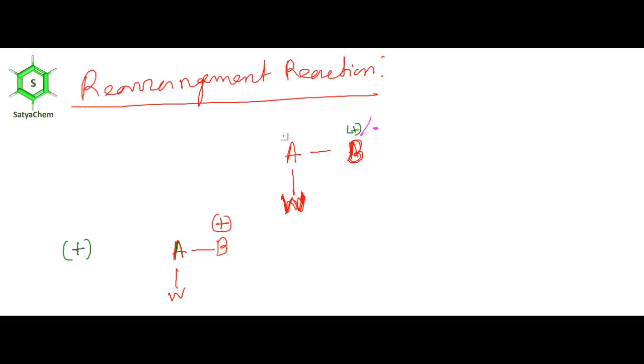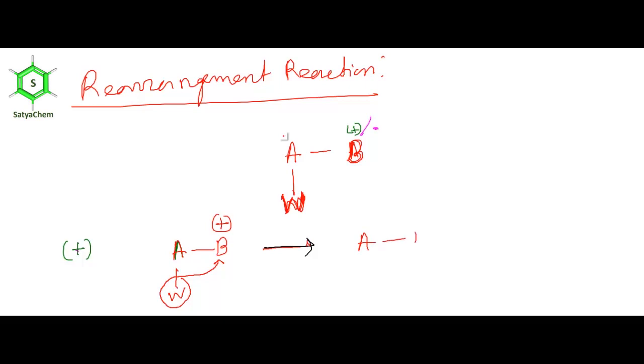Now it may happen that W moves to B by taking the AW bonded electron pair. A single bond needs two electrons for its formation, and they come from the AW bonded electron pair.